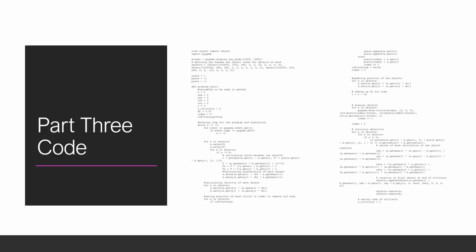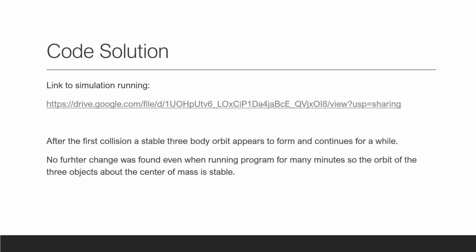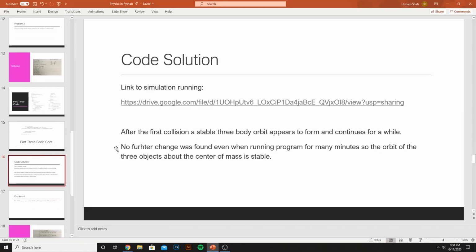You have the objects defined and the variables that are used, and then you have a loop for the program so that you can keep adding different ones, and then you calculate the velocity, saving the position of each circle, making sure the positions are updated and adding the change in time for each one, and then you have the objects being drawn for the simulation. So this is just continued on for the code, and our code solution is, let me show you right here.